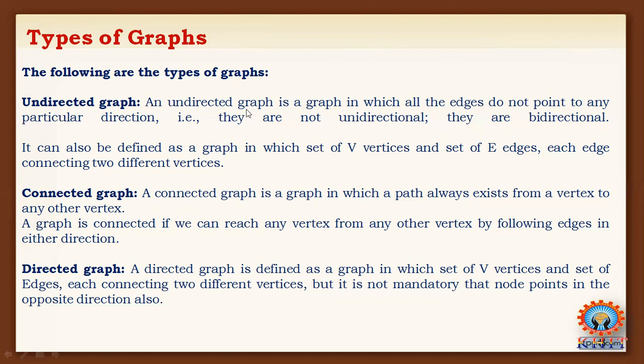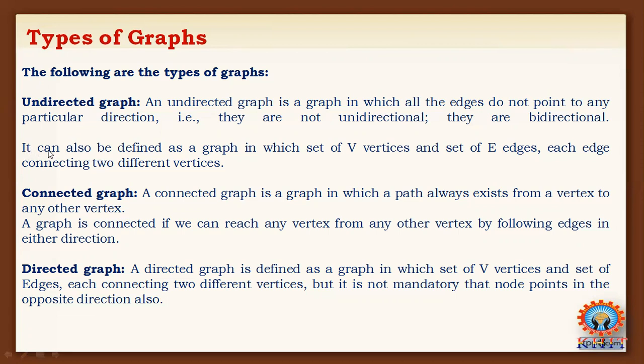That means an undirected graph is a graph in which all the edges do not point in any particular direction. They are not unidirectional, they are bidirectional. So undirected graphs are always considered bidirectional. We have a provision to move from one vertex to another vertex, either forward or backward. So that's why we consider this a bidirectional graph.